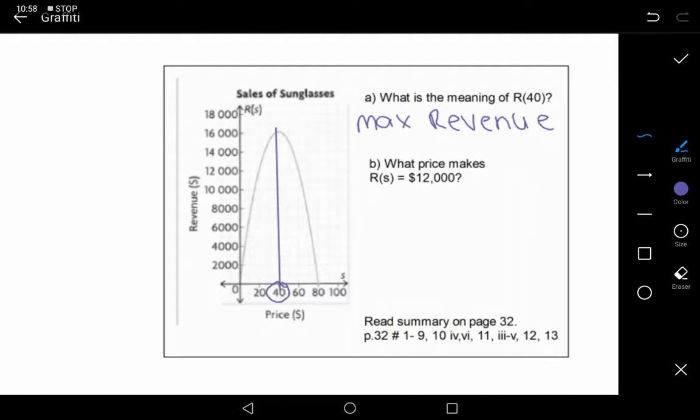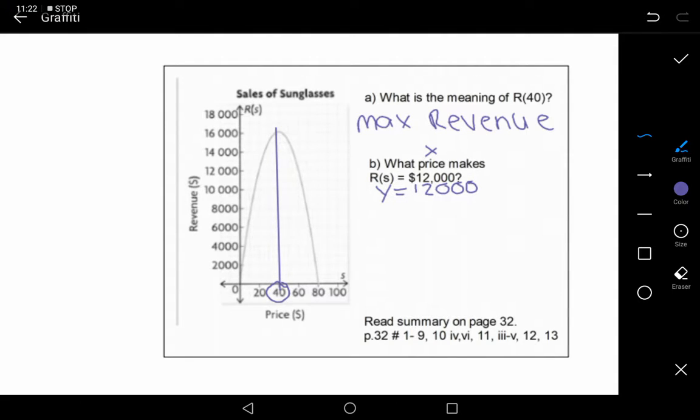Okay, part B says, what price makes R of S equal 12,000? So basically, remember, this is just function notation. So this is just y equals 12,000. And it's asking what x value, right? The price is x. So what x value makes y equal to 12,000?